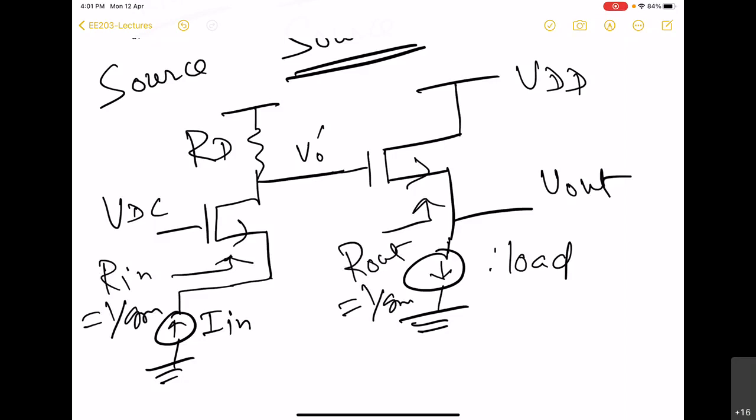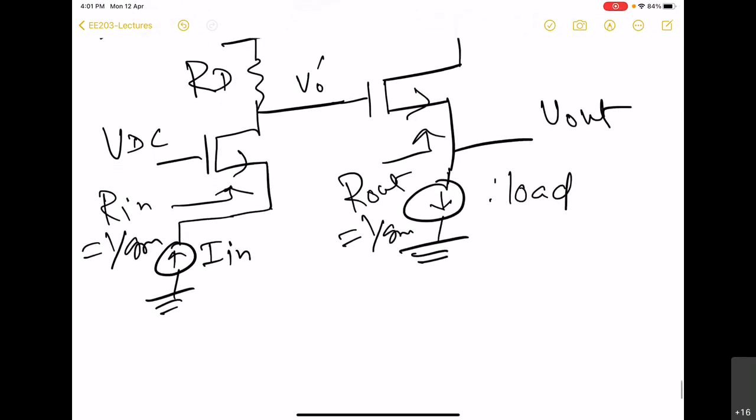So we see that this fourth one cannot be implemented using a single MOS. One has to use two MOS. So these are the examples of the four classes of amplifiers using MOS, and we see that it is possible in real life to implement these amplifiers.